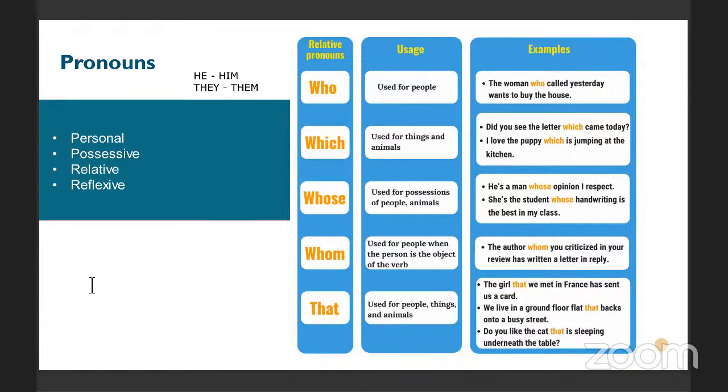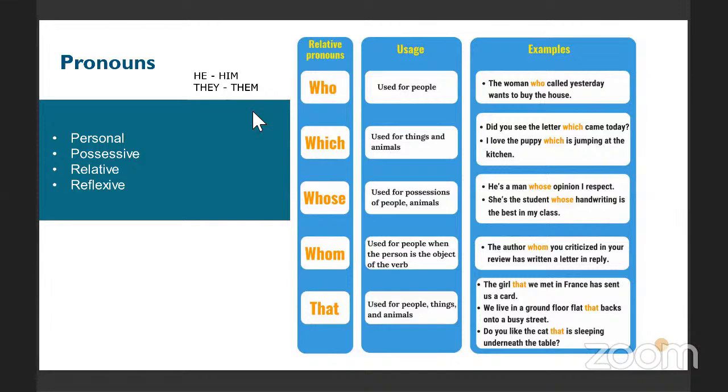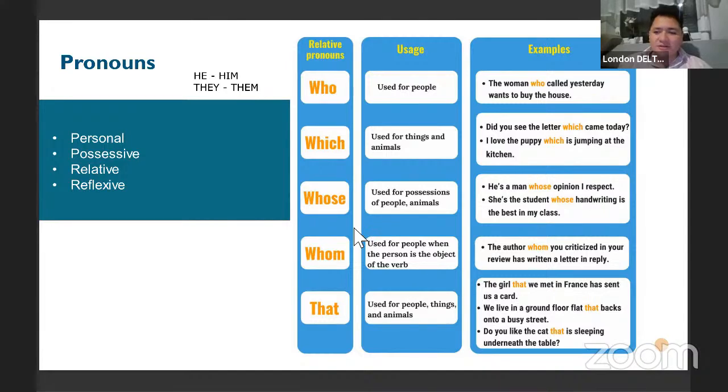Okay, we choose Alejandra, and then we can listen to Rocio, please. When you're talking about him or you're talking about them. Okay. And Rocio, what do you think? When do we use him? When do we use them? What is the difference between he, him, they, them?